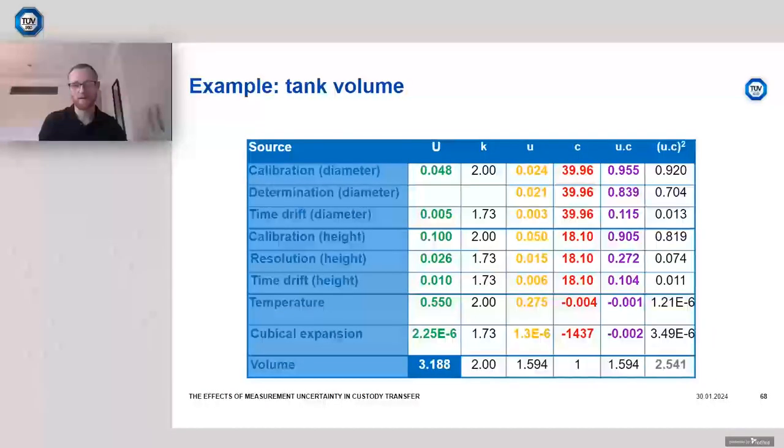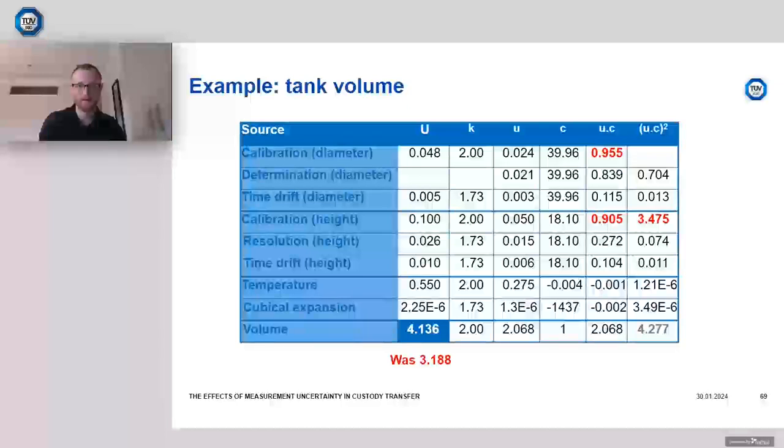So we can look at this as an example. Suppose, again, back at the tank volume example where our uncertainty is 3.188. If you've got two devices, let's say you're determining the diameter and the height with two separate devices, but the devices were both calibrated at the same calibration house.